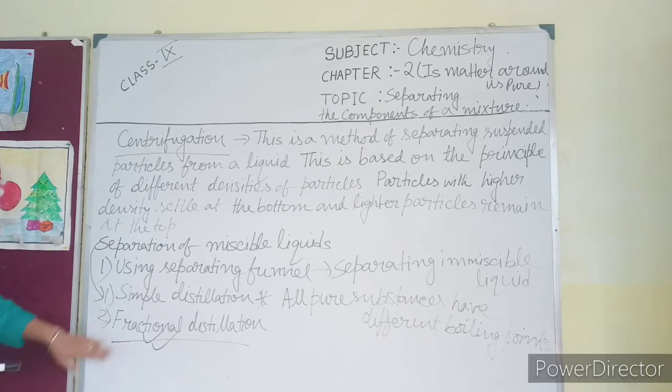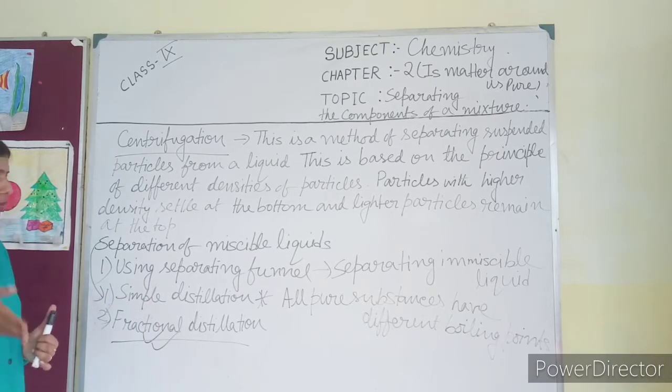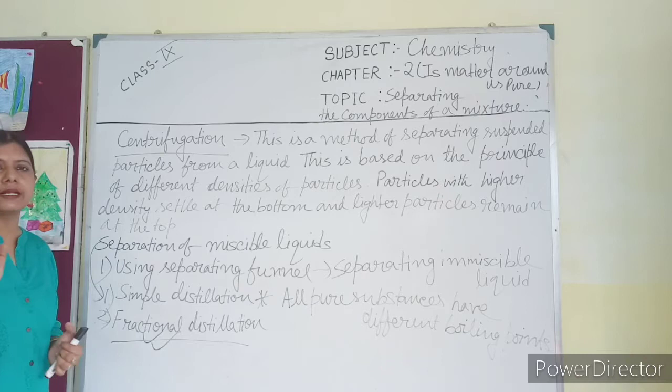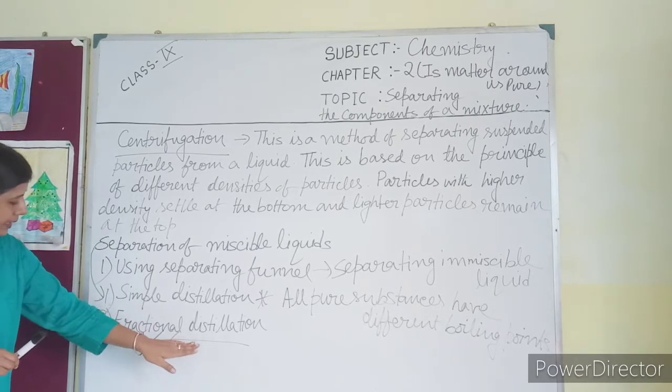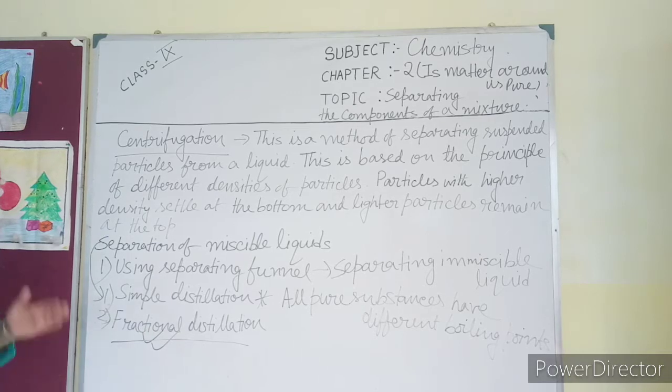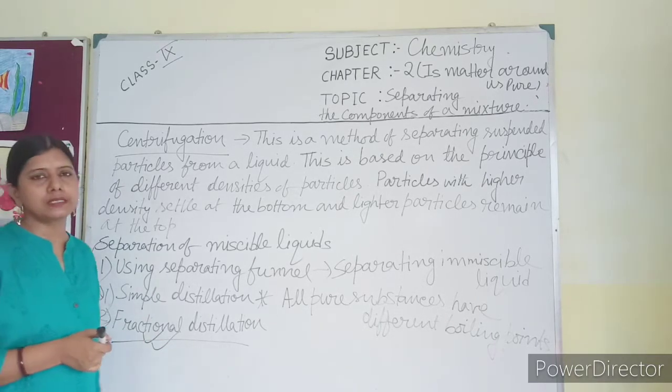The only difference is that in simple distillation, two miscible liquids should have a boiling point difference of more than 25 degrees Celsius. But in fractional distillation, if the two miscible liquids have a difference in boiling point of less than 25 degrees Celsius, then also I can use this method.